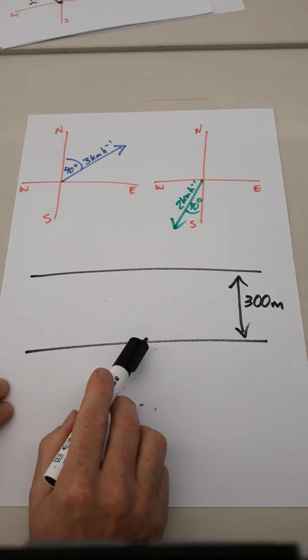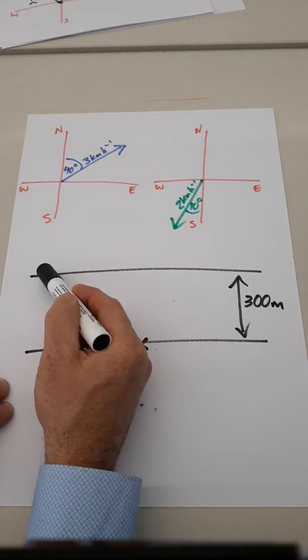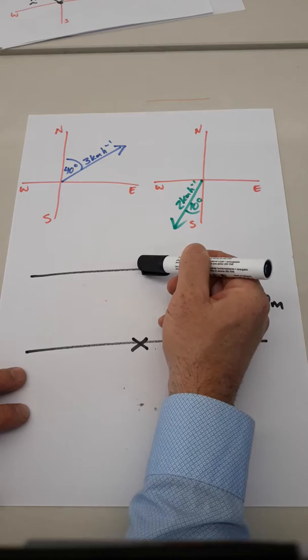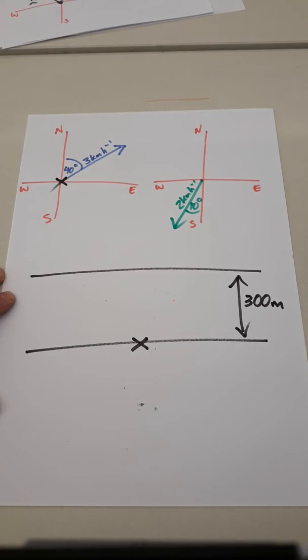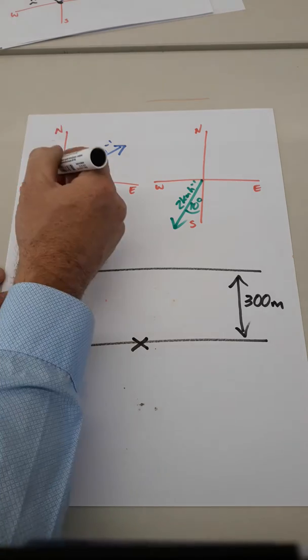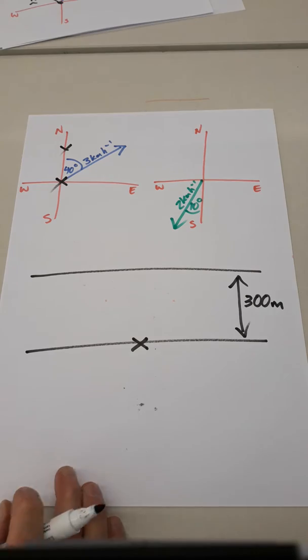So I don't mind if he swims out in that direction to get there, or that direction, or that direction, but how long is it going to take him to actually go from the beginning and end up 300 metres later due north of where he started?